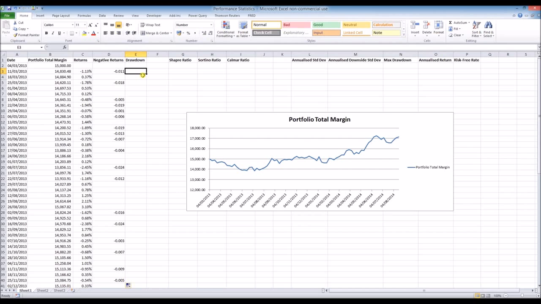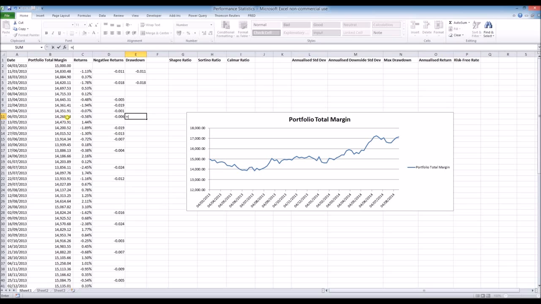From there, we can start thinking about calculating our drawdown numbers. So remember that a drawdown is the negative return over consecutive negative periods. So for each negative return that's on its own, that will be quite simply the drawdown figure. But for periods of consecutive negative returns, the drawdown figure will be calculated by creating another return based off the portfolio margin for this whole period.